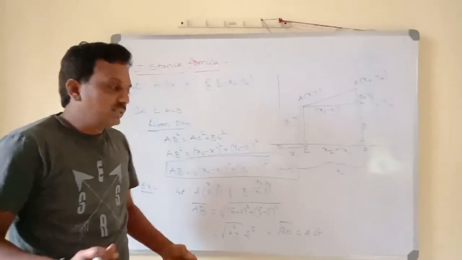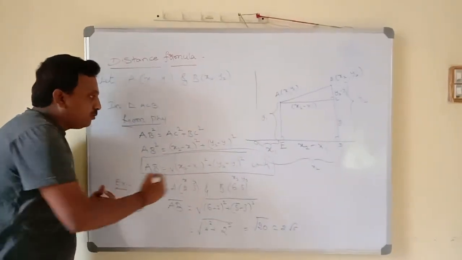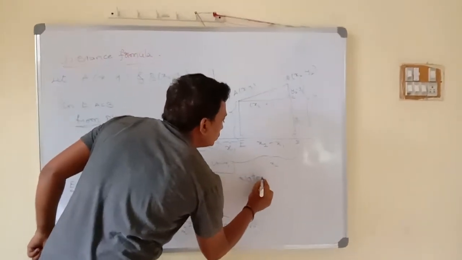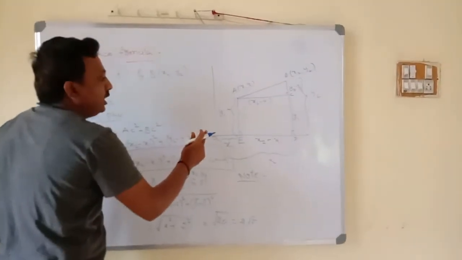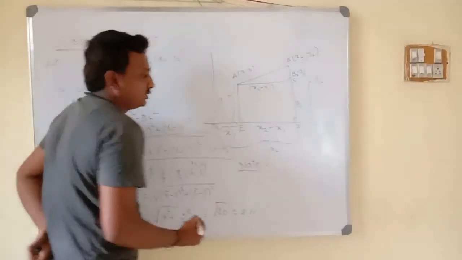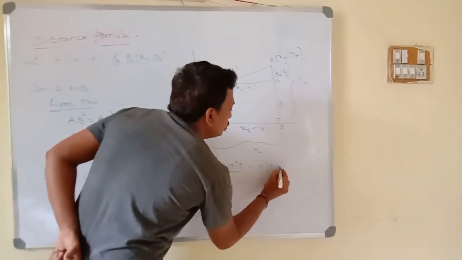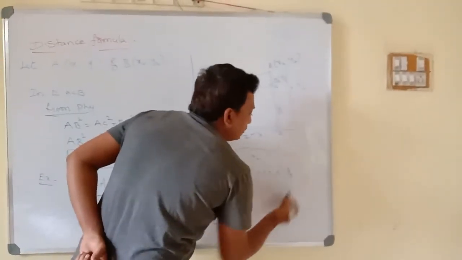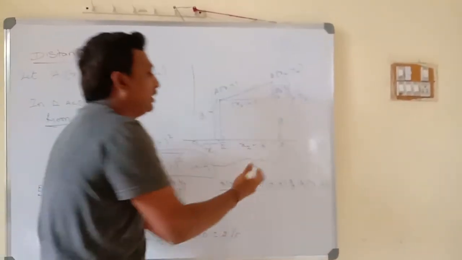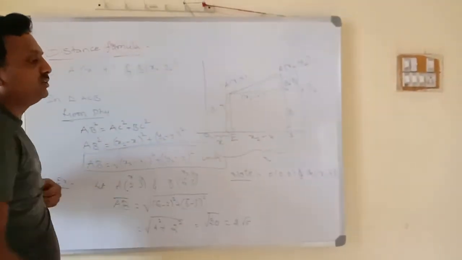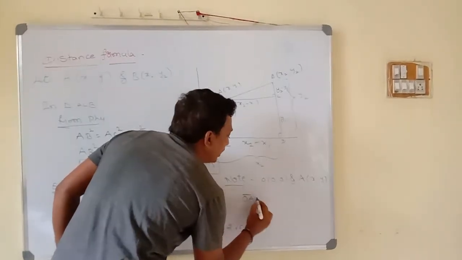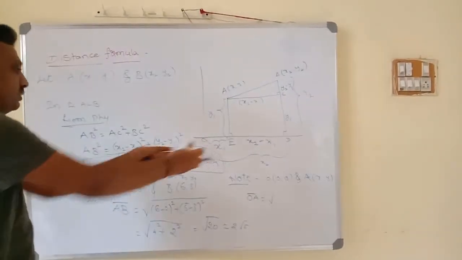Here we know the distance formula for any 2 points. Now a very important note: what is the distance from the origin to any point? Suppose the origin is 0, 0, and any point you can take, A is X, Y. What is the distance between the origin and any point? You can use the same formula there also.